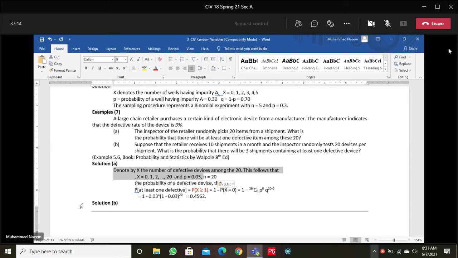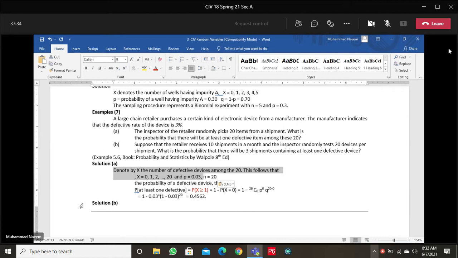Then its range. Range will be from 0 to n. As a sample of 20 items is selected, the range of X will be 0 to 20. What is P?